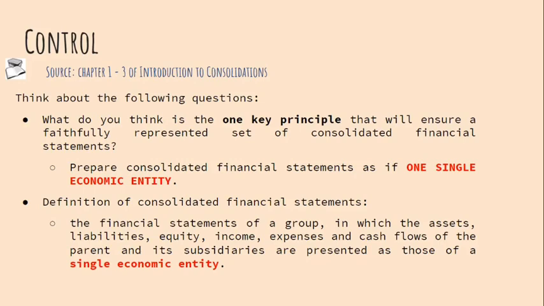This key concept is to prepare the consolidated financial statements as if it's one single economic entity. So I have as a starting point, like I've mentioned before, the separate financial statements of the parent and the separate financial statements of the subsidiary. I now need to start with that and do something to it, so that my result is as if it's no longer two separate sets of financial statements, but one single economic entity.